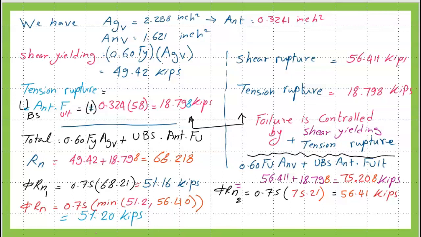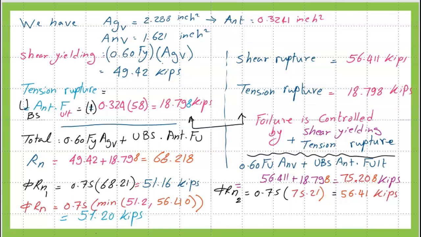While for the second case, please refer to the right side of the slide. We will multiply phi by 0.6 F ultimate by ANV plus 0.6 F ultimate by ANT by UBS. The final value for case 2 will be equal to 56.41 kips.